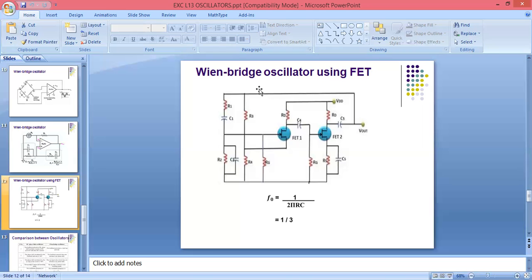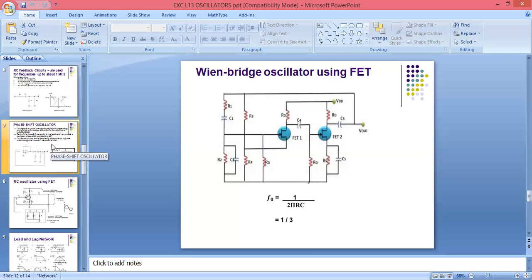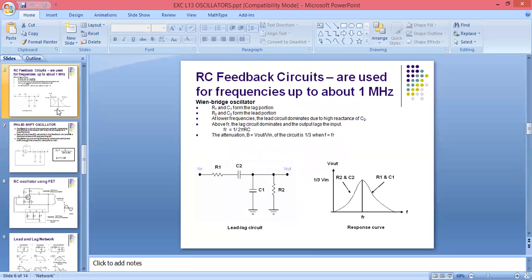Hence, we can take a lead-lag network such that the frequency of oscillations will be... We have seen what the frequency of an RC network is, if we are not using anything else: it is 1/2 pi RC.